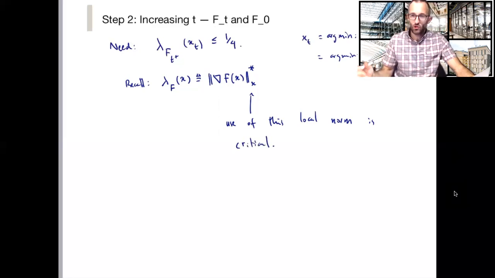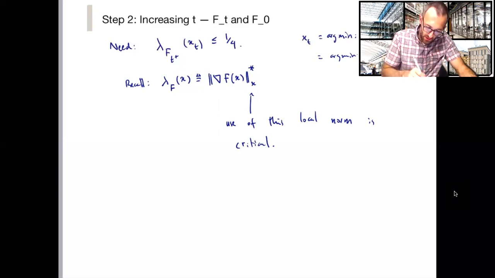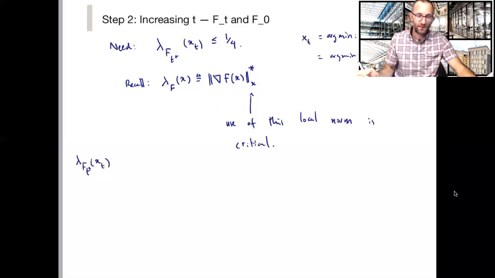So I want to show you through an example why that's the case. But let's see what this norm is. For us, we have lambda of f_t⁺ at x_t. This is what we want to evaluate.